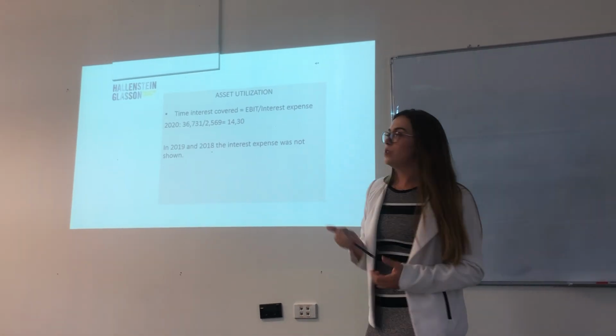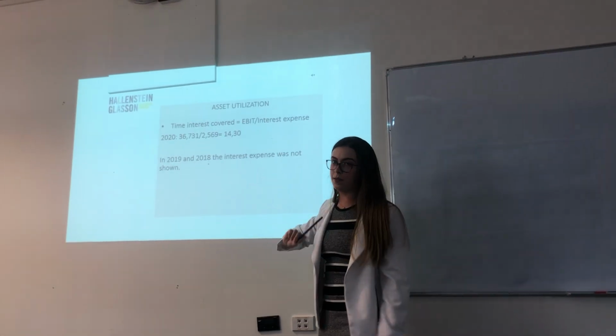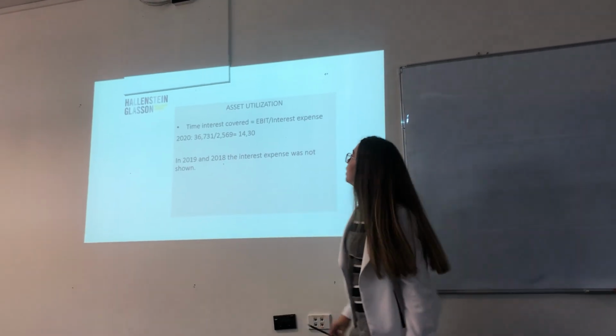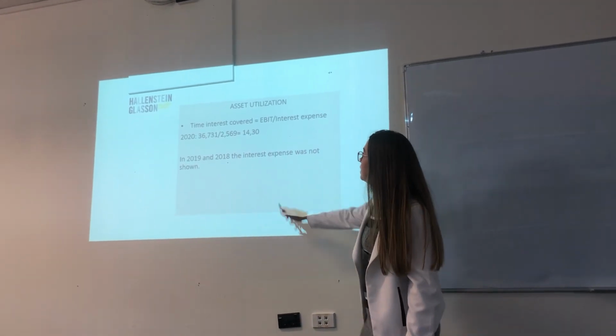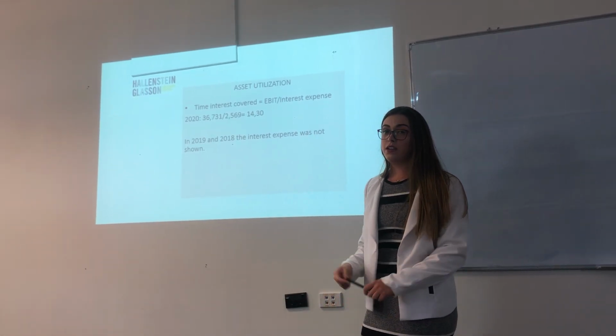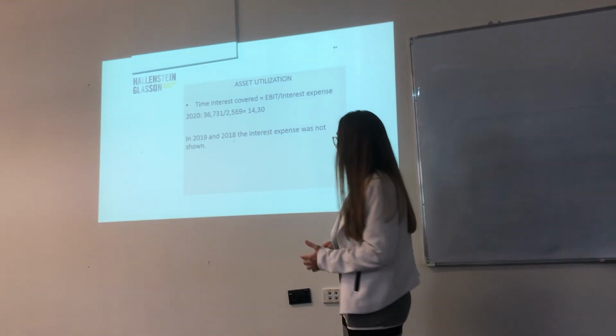So for the asset utilization, we just have the interest expense for 2020 because they got a lease this year. That's why we have the interest expense. For 2019 and 2018, they didn't show, so we couldn't calculate that.